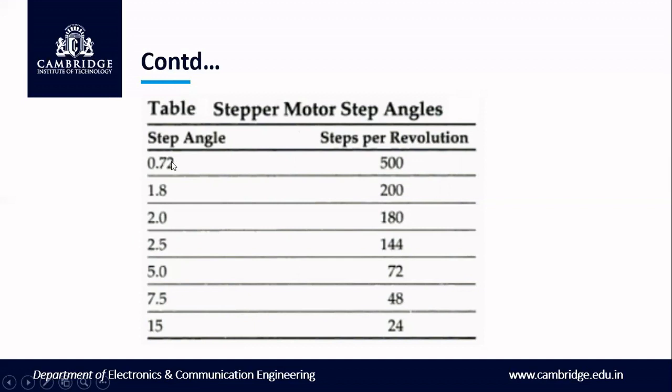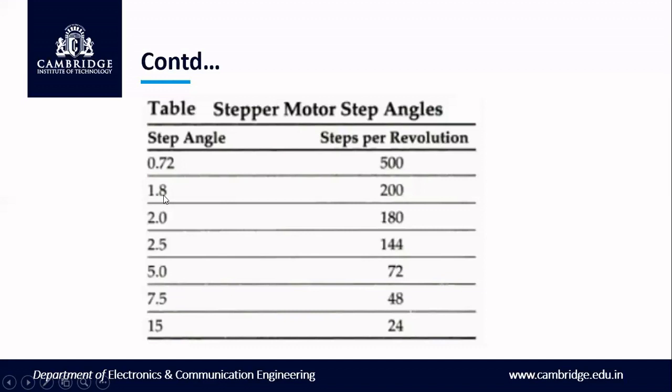Suppose the step angle is 0.72 degrees. Then steps per revolution is 500. So 500 times we need to provide the pulse. We need to energize the stator so that with one pulse you achieve 0.72 degrees. So in order to achieve one revolution, we need to provide this 500 times. Similarly, if the step angle is 1.8 degrees, steps per revolution is 200.